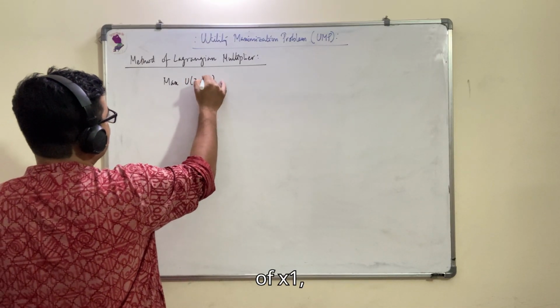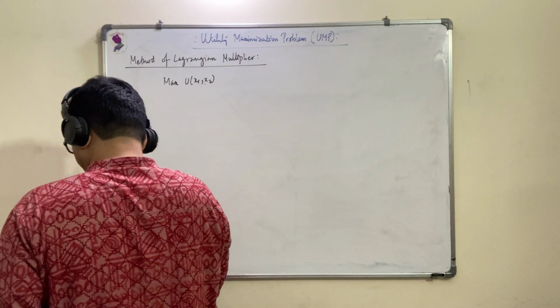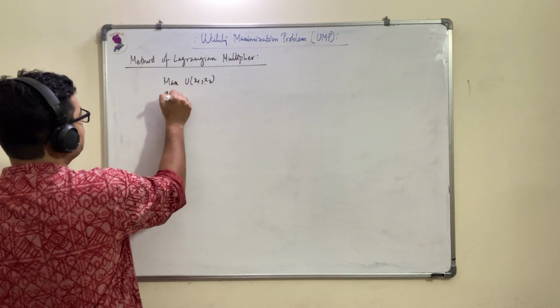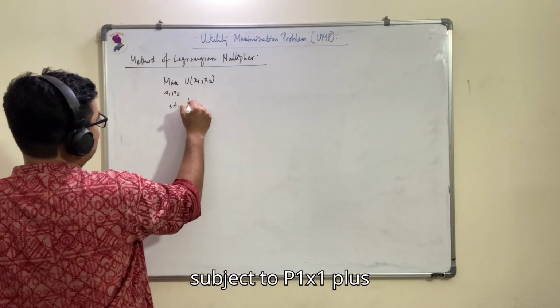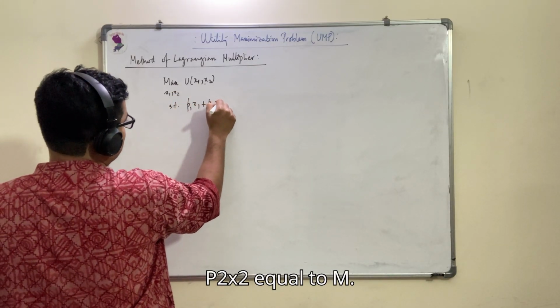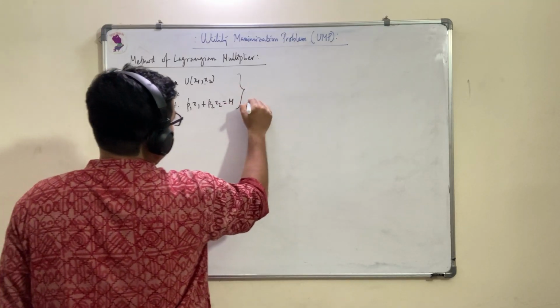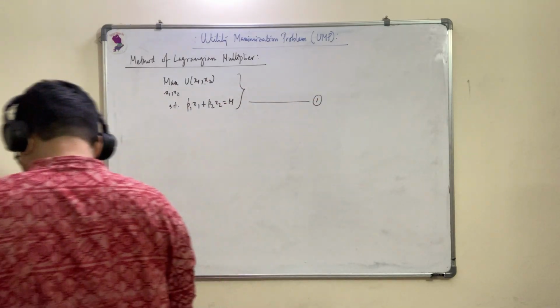Okay, so maximize u of x1 comma x2, subject to p1 x1 plus p2 x2 equal to m. Let's put it as 1.